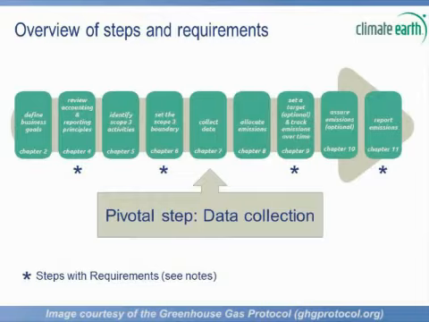The reporting and accounting principles, Frankie has just covered. Those cover things like the fact that you must be complete. You must account for everything that is involved in your Scope 3 emissions, or if you're excluding something, make transparent declarations of why and justifications for why you may have excluded something.